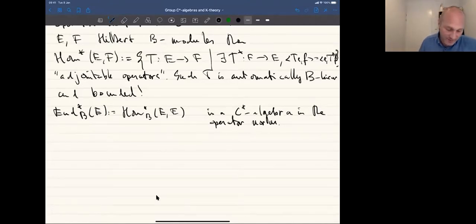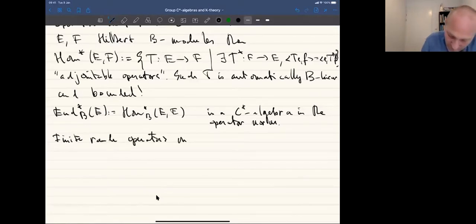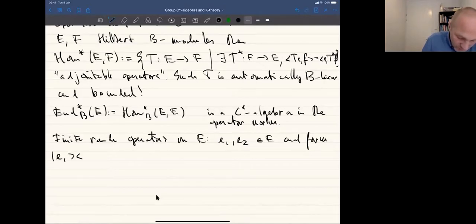And this algebra has a specific ideal. So let's first look at finite rank operators on E. So we take E1, E2 in E, and we form, I'm going to use the ket-bra notation.